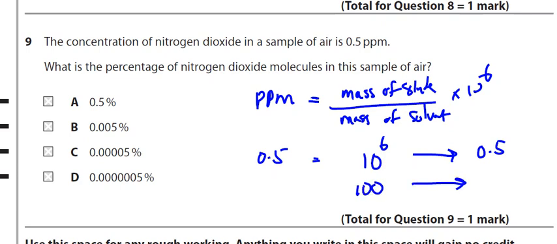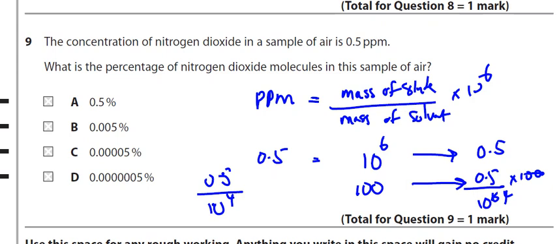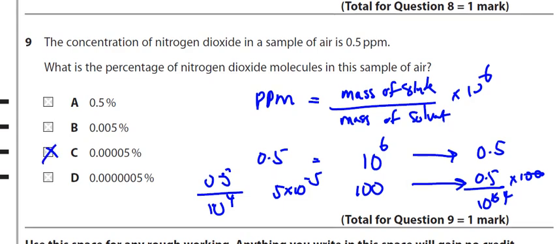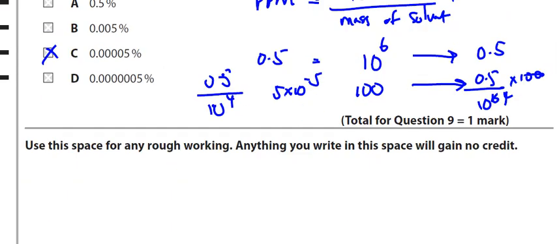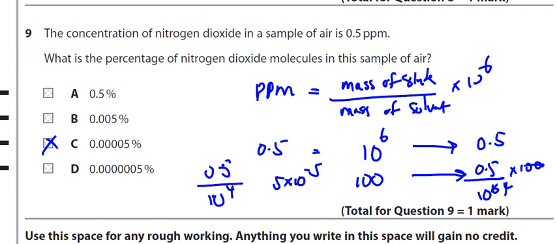If 1 million contains this much, how much does 100 contain? So 0.5 divided by 1 million multiplied by 100. So you can cancel. So 0.5 divided by 10 to the power 4 is the answer. That will be 5 times 10 to the power minus 5. So 1, 2, 3, 4, 5. The answer is C. But if you need to find the mass of solute or solvent, then you have to use this expression.